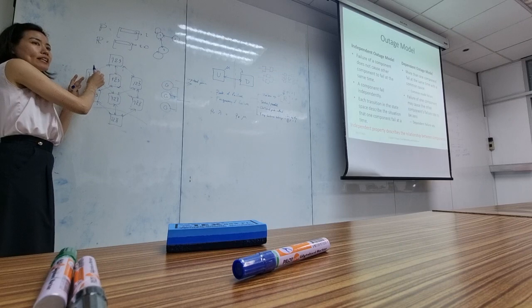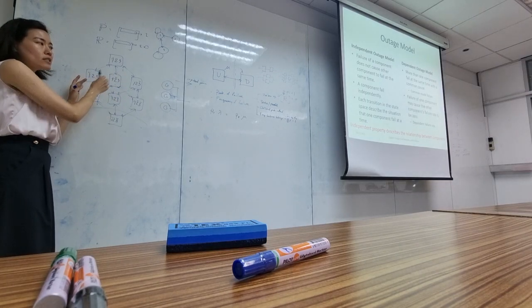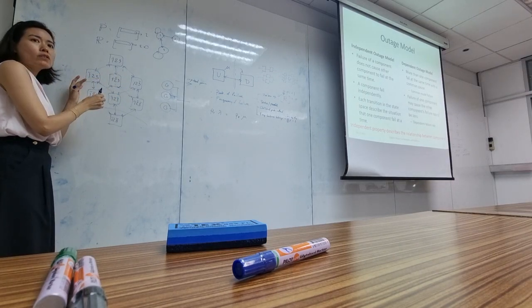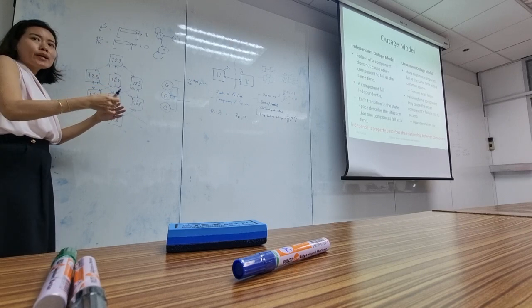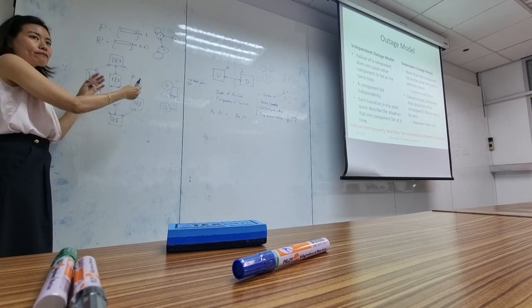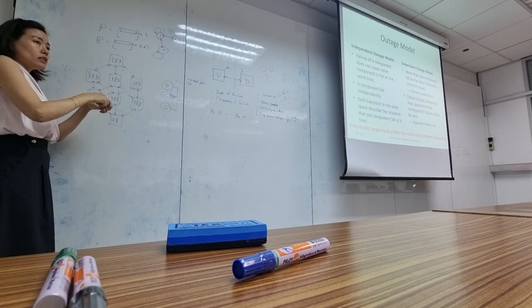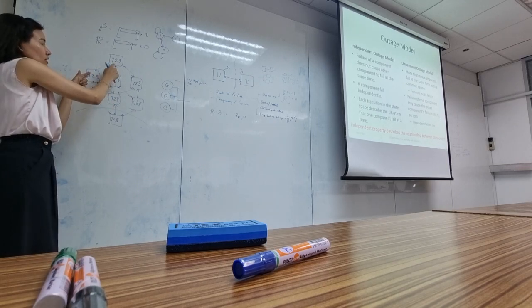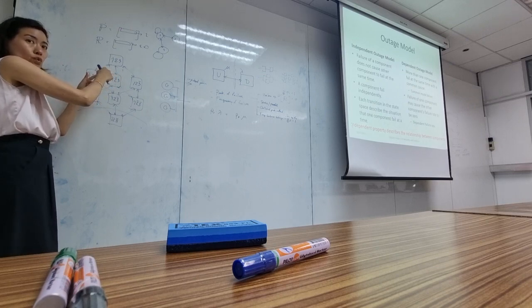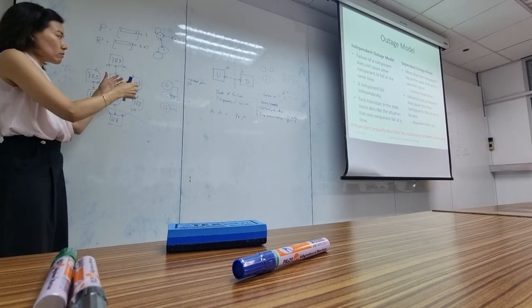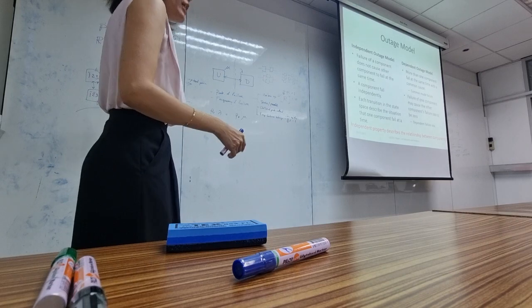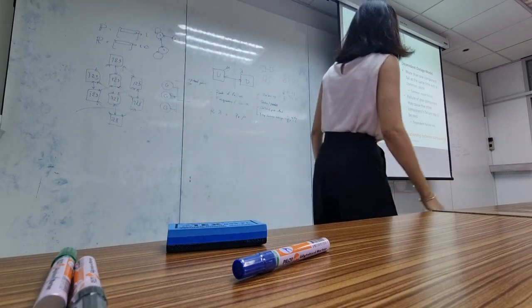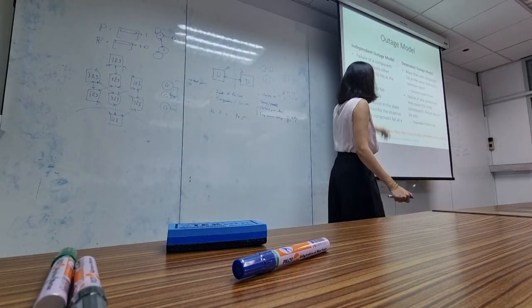Each of the failures of these components doesn't disturb the system at all. It goes by steps. If 1 fails, 2 might fail, but the failure of component 1 doesn't change how the system works. 2 and 3 will fail independently. So this is what we call the independent outage model.